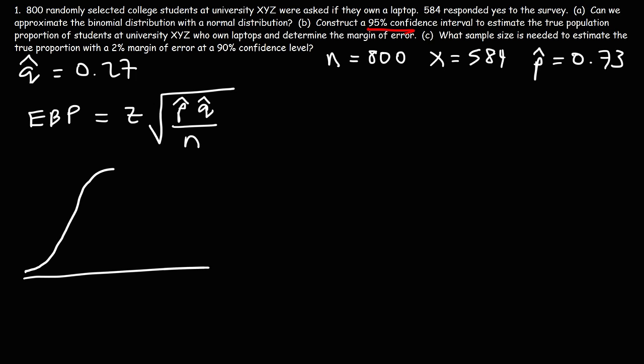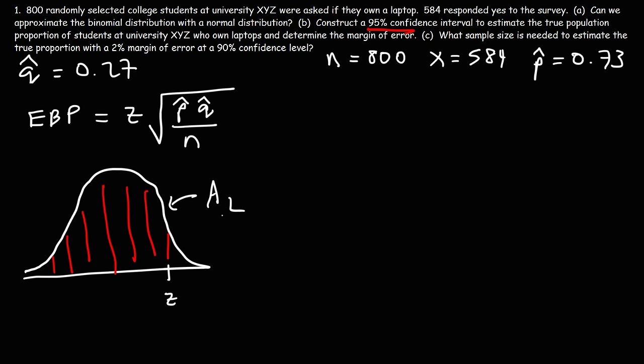Let's say this is our normal distribution, and our z-score that we're looking for will be there. We need to determine the area of the shaded region. And there's a formula that you could use to calculate the area to the left that will correspond to the z-score that we need.